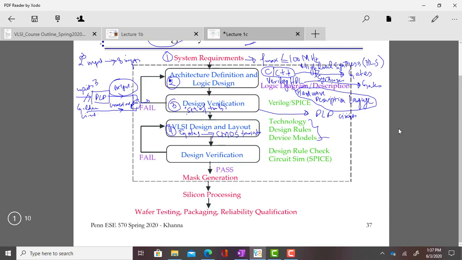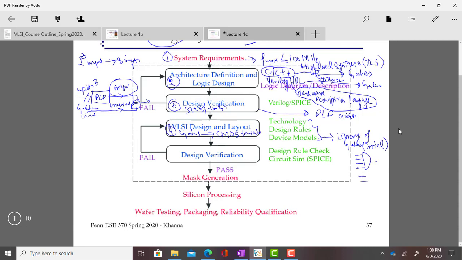One is device models. This is a sort of library of gates. For example, this may be a library that Intel uses, and this library may have, for example, a 4-input AND gate.